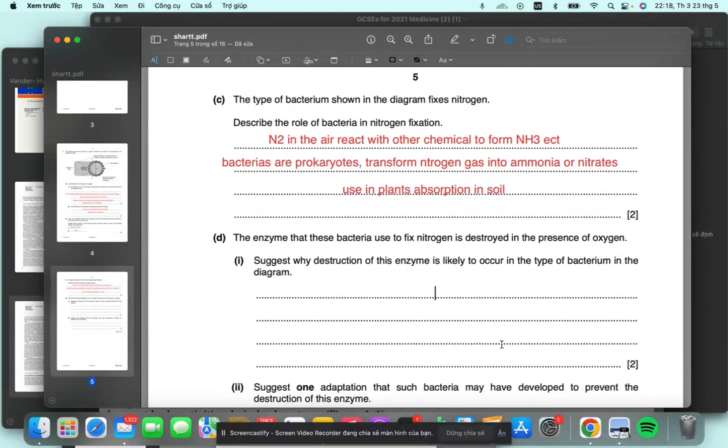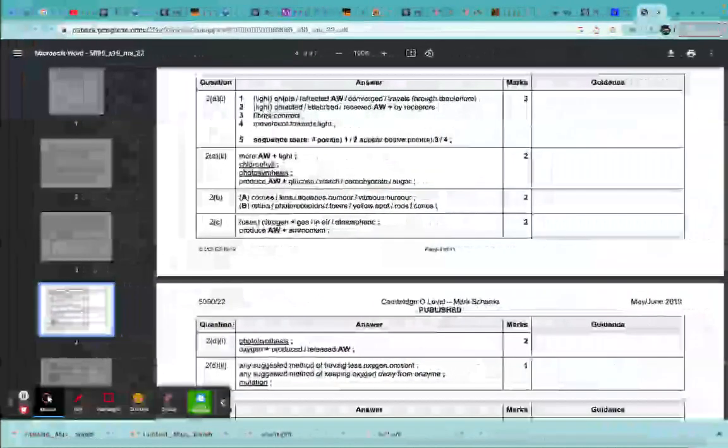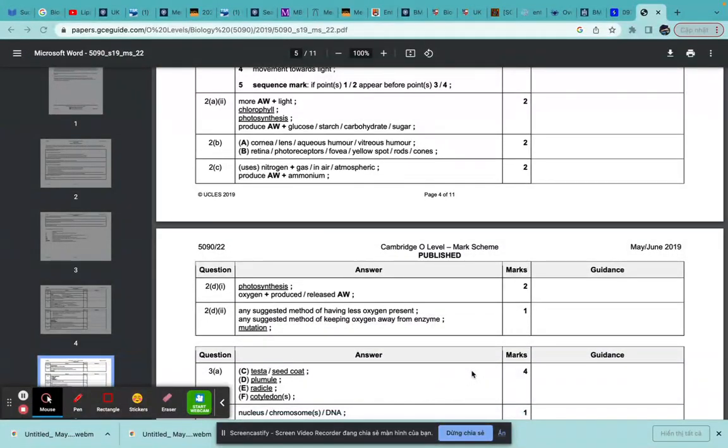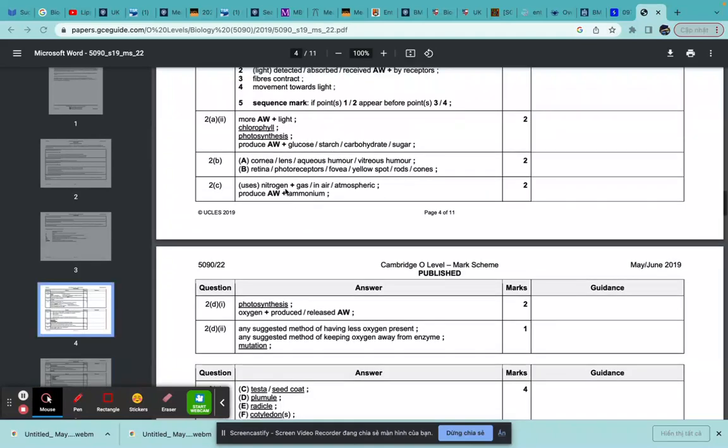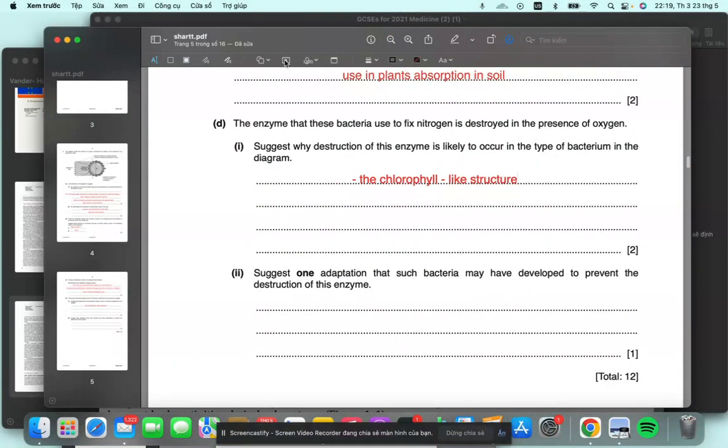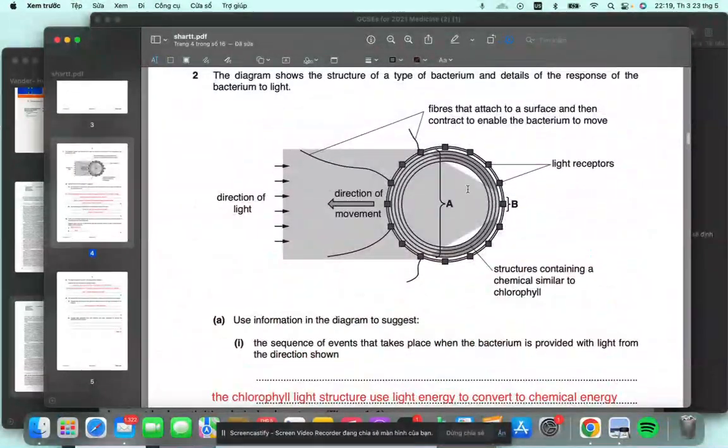They have a chlorophyll-like structure and the Calvin cycle within it. Photosynthesis, oxygen produced, released. So for this structure, it contains chlorophyll, so we know it photosynthesizes. Well, not exactly photosynthesis, but nitrogen synthesis.